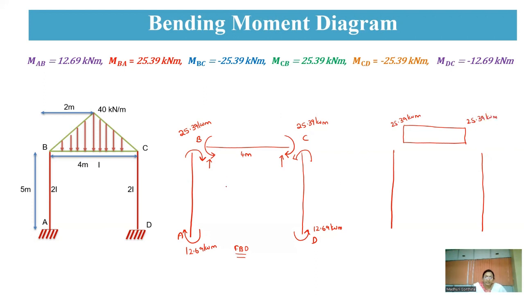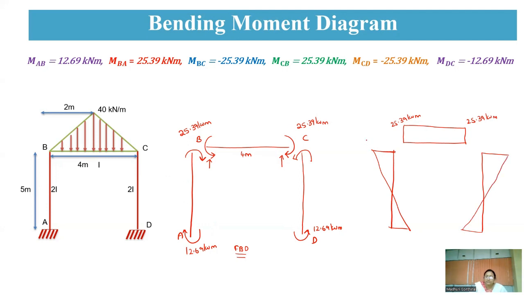And one more thing here is, here you are having 12.69, and here also you are having 25.39. So either you can draw from this side, or from this side you can draw like this also. So I'm just drawing in this way. Similarly, here also you are having a moment of 25 here, and then here you are having 12.69.